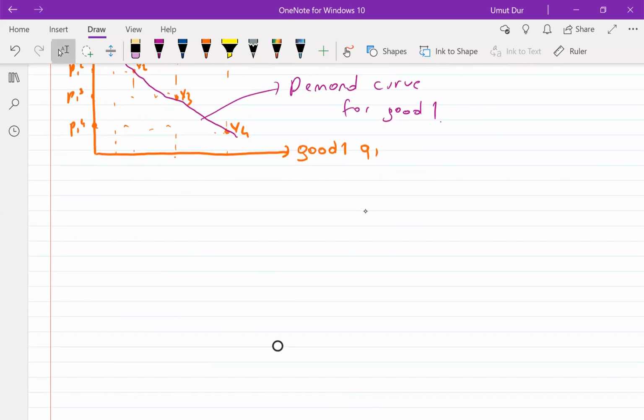So, next, we will look at the effects of an increase in income.